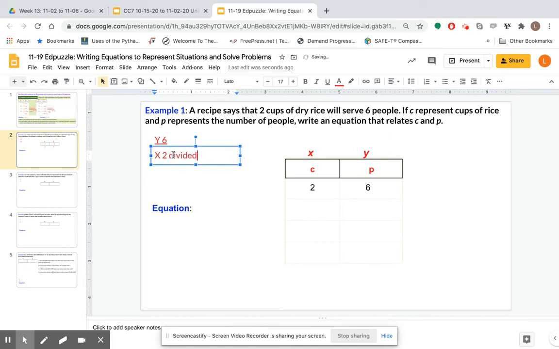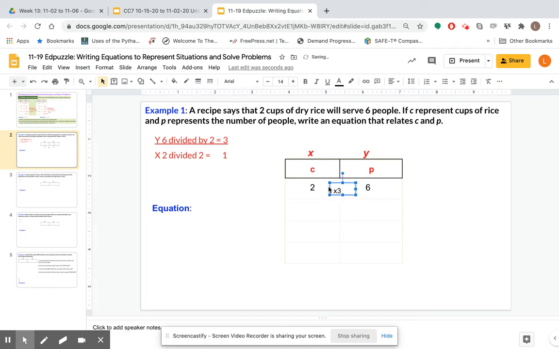Whenever you find unit rate, you always divide by the bottom number. 2 divided by 2 is equal to 1. 6 divided by 2 equals 3. So what that means is that 3 people can be served by 1 cup of rice. In other words, you're going to be multiplying times 3.